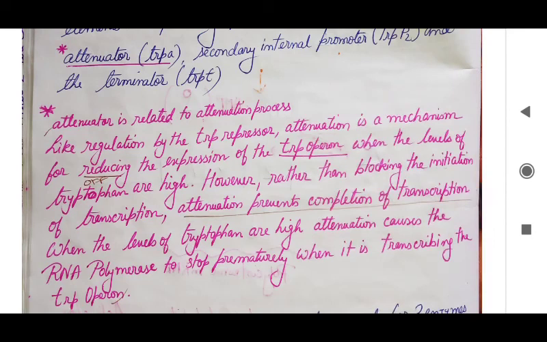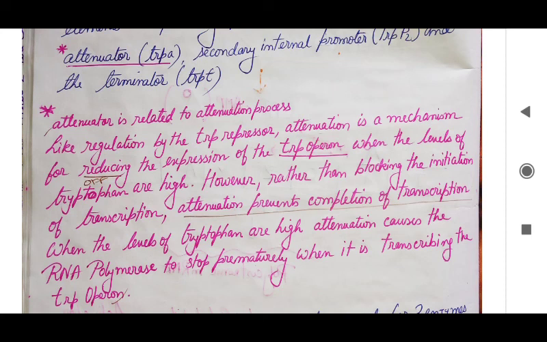It says attenuation is a mechanism for reducing the expression of the tryptophan operon when the level of tryptophan is high. It will not stop the expression of the tryptophan operon, but it will reduce the expression when the level of tryptophan is high.